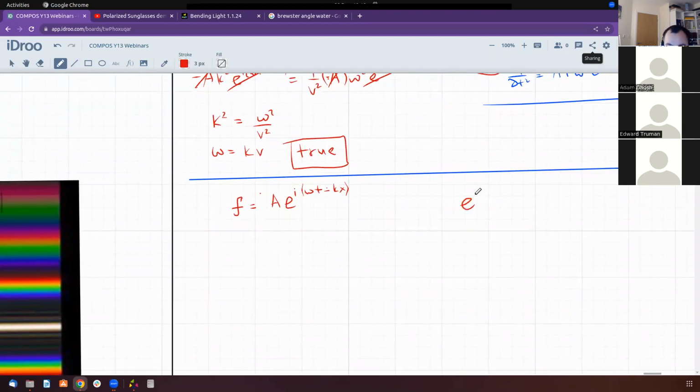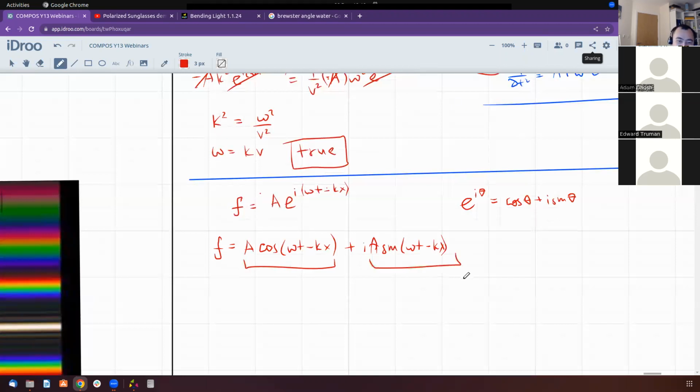And if you remember that e^(i theta) can be written as cos theta plus i sine theta, so F is equal to A cos(omega t minus kx) plus i A sin(omega t minus kx). And we already know that each of these is a wave equation solution.